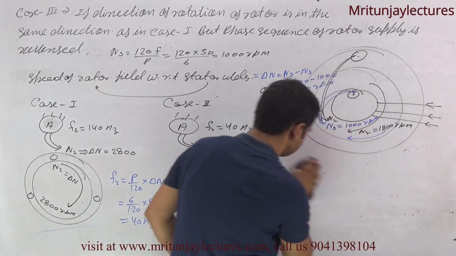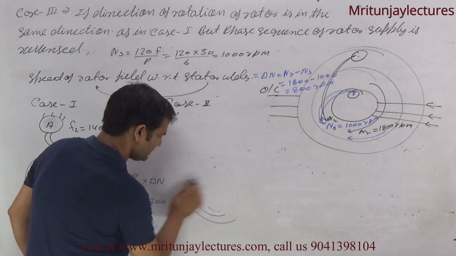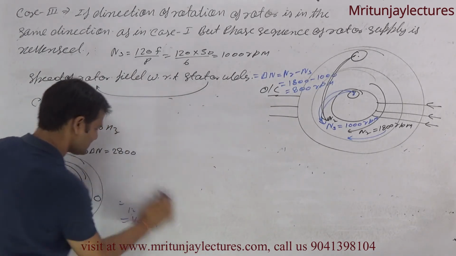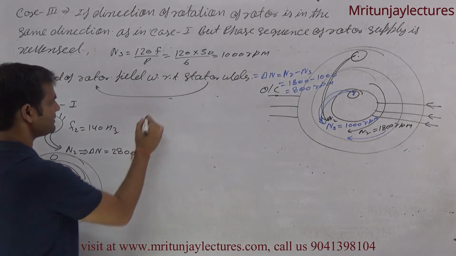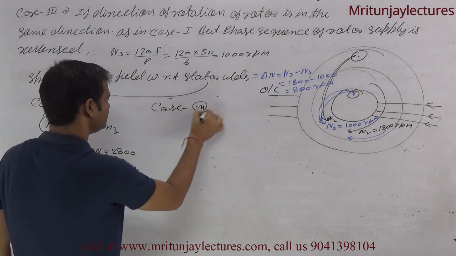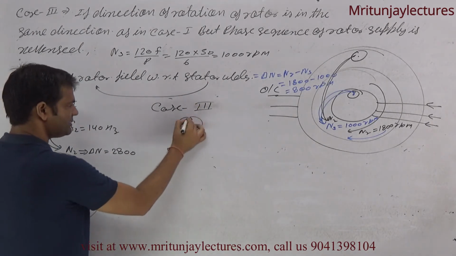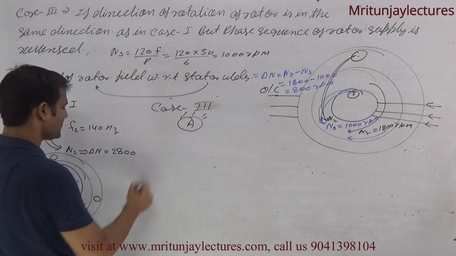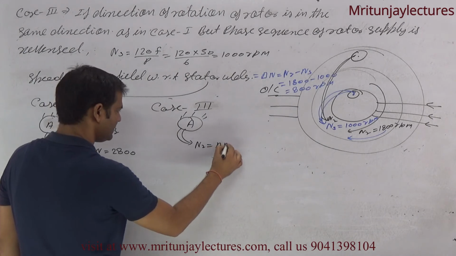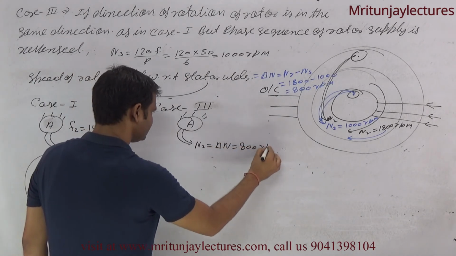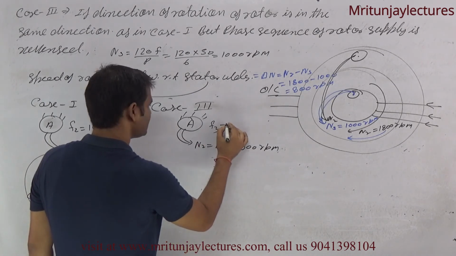Now if you make case third here, that is the stator, N2 means delta N, that is 800 rpm, and frequency F2, that is 40 Hz.